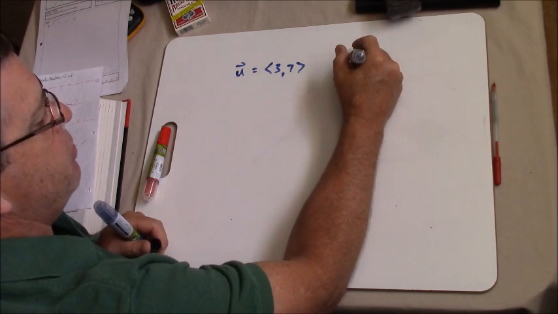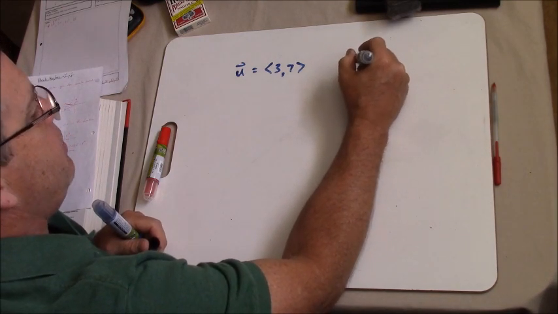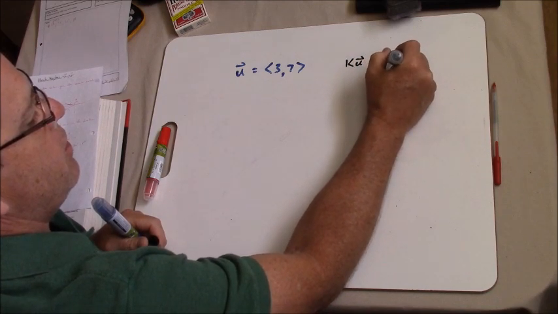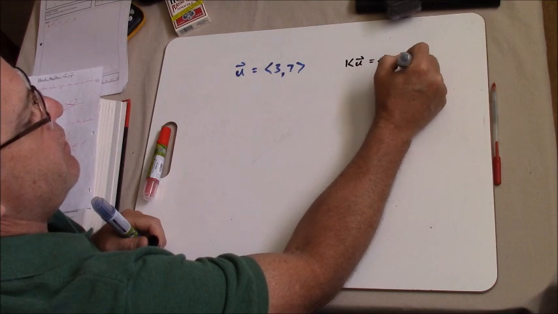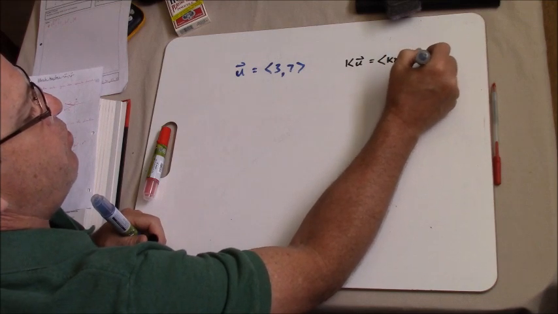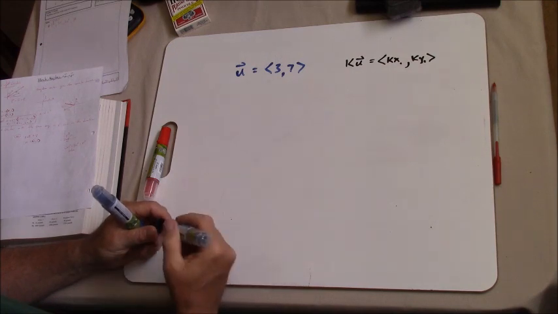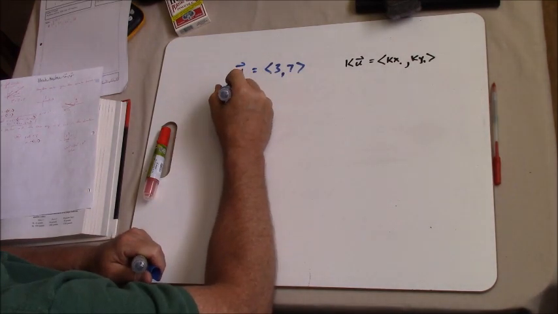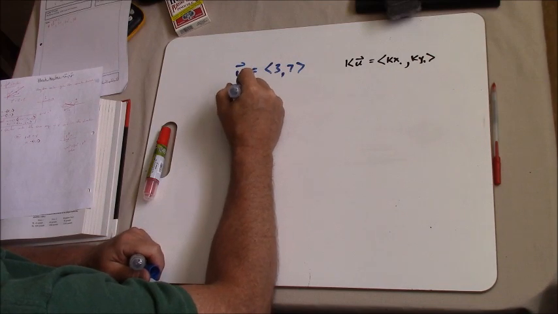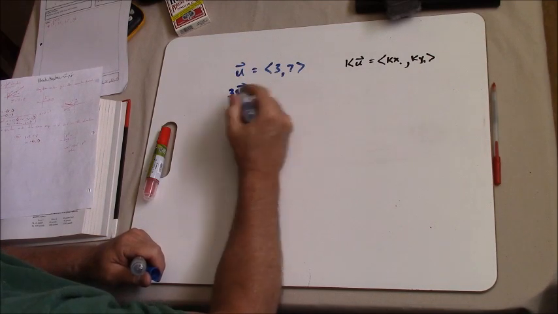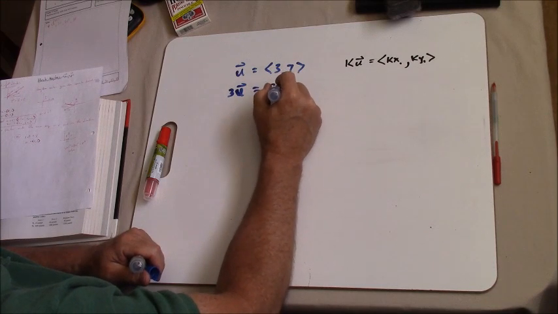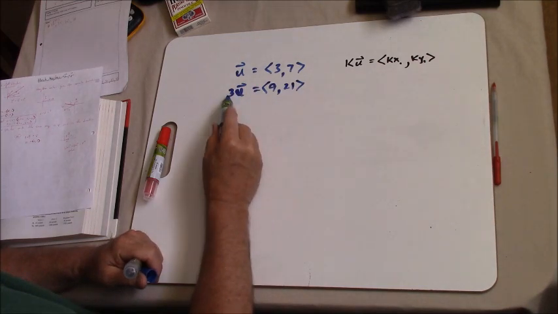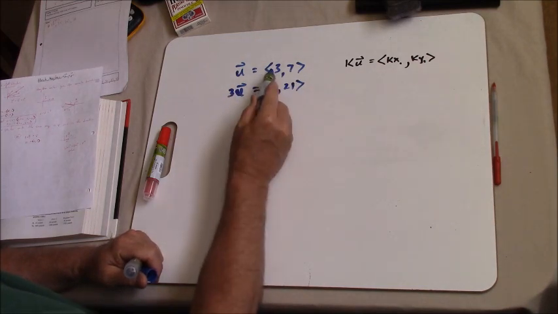Okay, so I think our book will use that word as well. k times vector u is really equal to k times the x coordinate, comma, k times the y coordinate. So if I said what's 3u, well, that just means multiply these by 3, so you get 9 and 21. It means that this vector is 3 times as long as this vector. Okay?